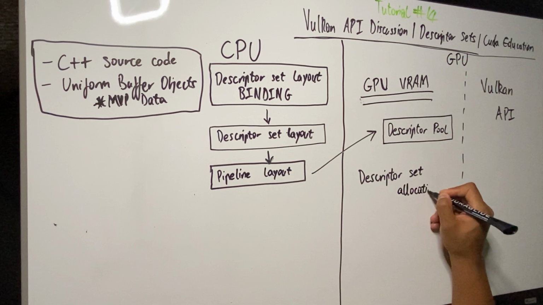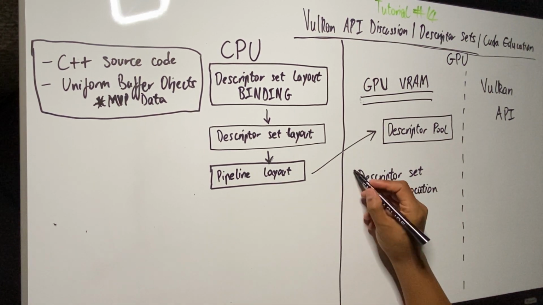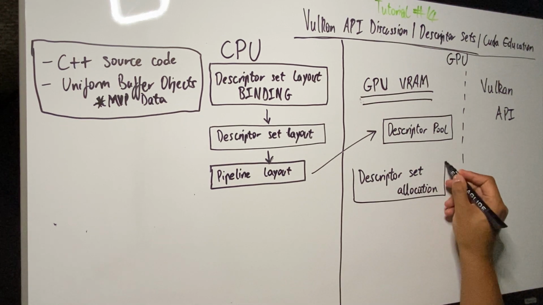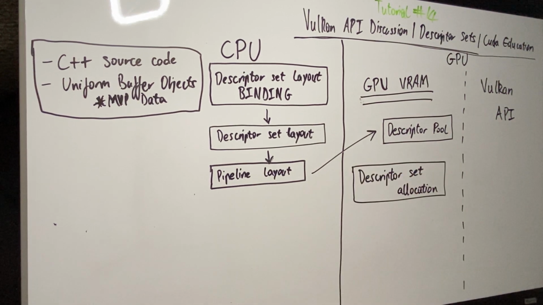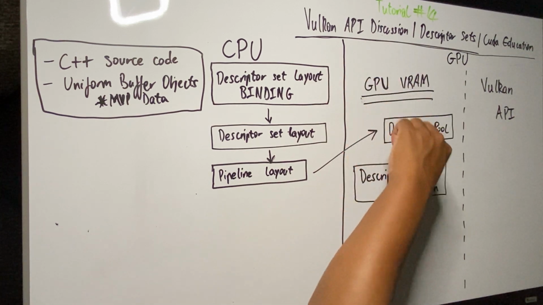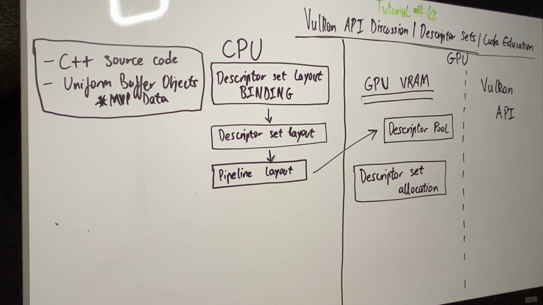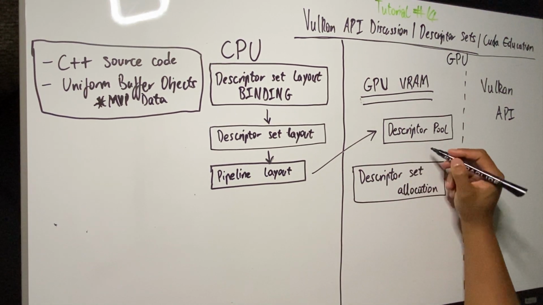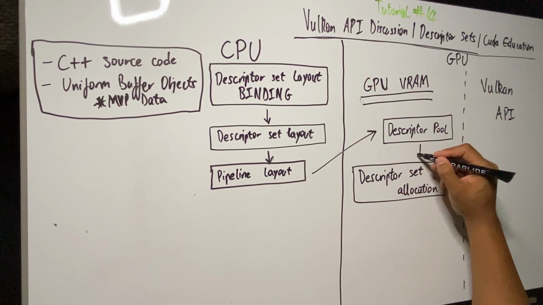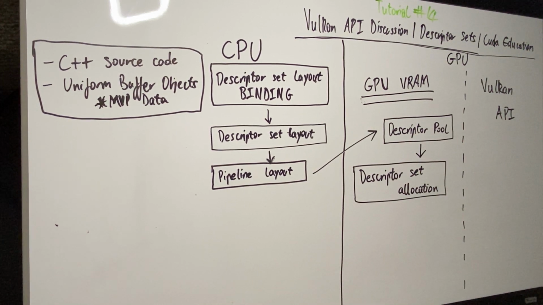Again, in the previous video and in the first image, we discussed descriptor set allocation. So video RAM in the GPU, descriptor pool, descriptor set allocation. We go descriptor pool, then we do descriptor set allocation.